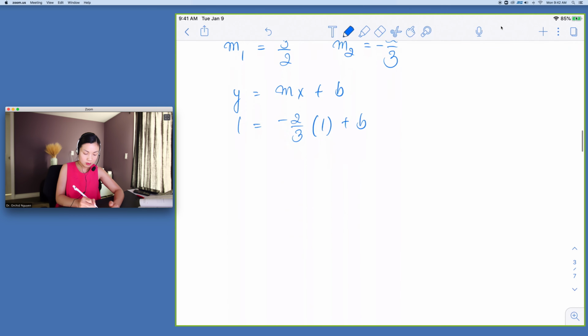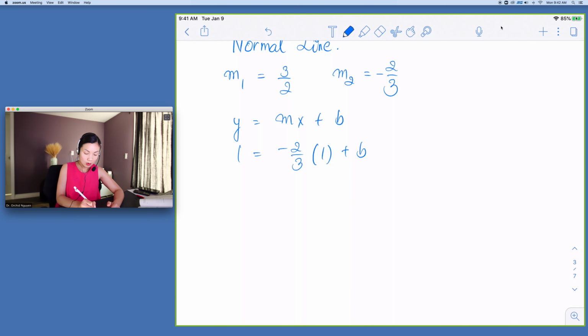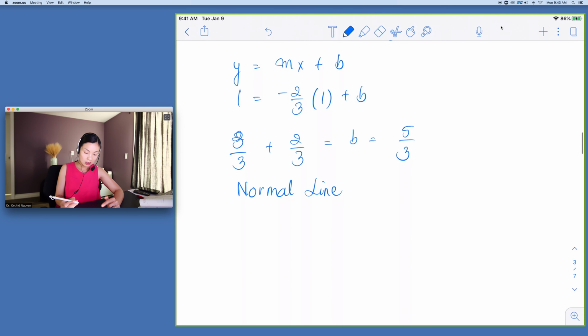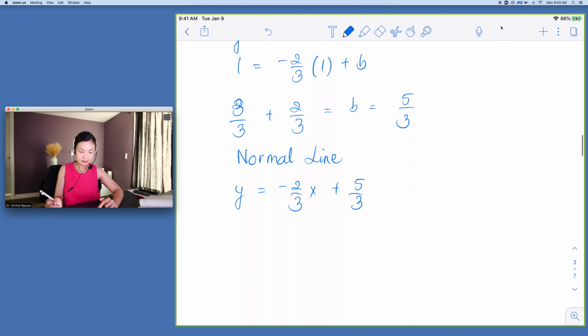The same thing. I'm just going to do the LCD. So I have 3/3 this time. Adding 2/3, that's going to be b. So b is 5/3, right? So the normal line is going to be y equals negative 2/3 x plus 5/3. And there you have it.